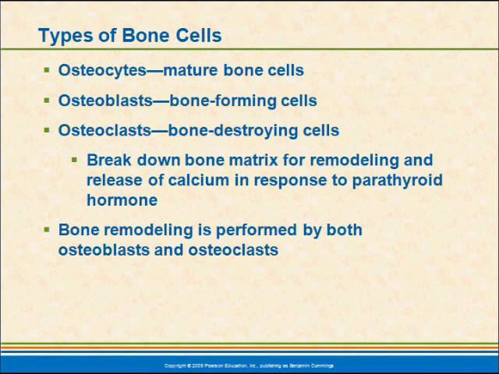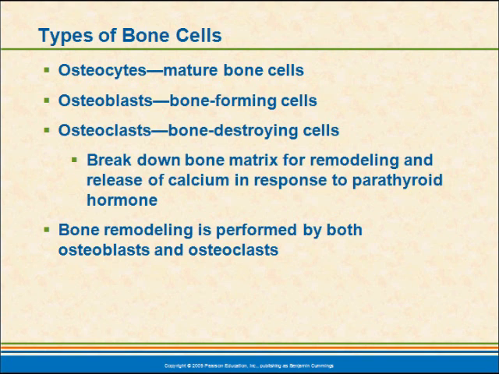You can think C for cut, something like that, but they break down the bone matrix. They assist in remodeling the bone, depending on the stressors, or our need for calcium. If there's not enough calcium in the bloodstream, the osteoclasts will start to break down the bone levels.